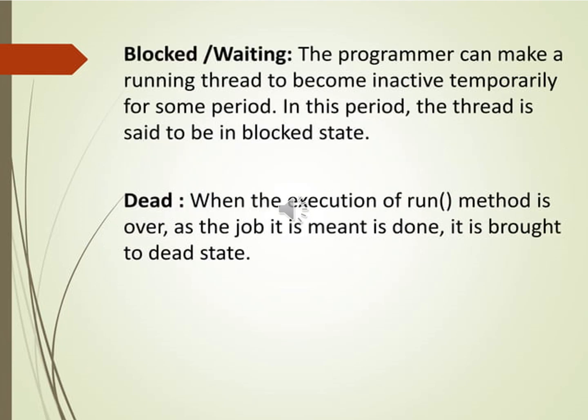The next stage is the blocking stage. In the blocking stage, the thread is inactive for a span of time. Either the thread is in a blocked stage or in a waiting stage. For example, thread A may want to print some data from the printer. At the same time, thread B is using the printer to print some data.